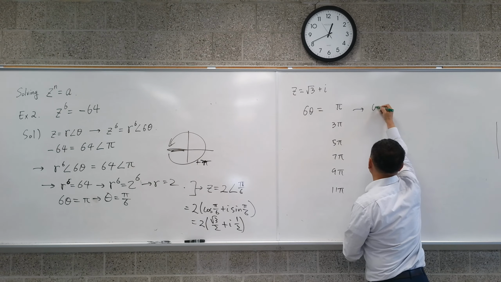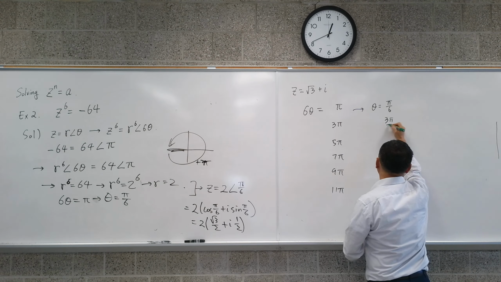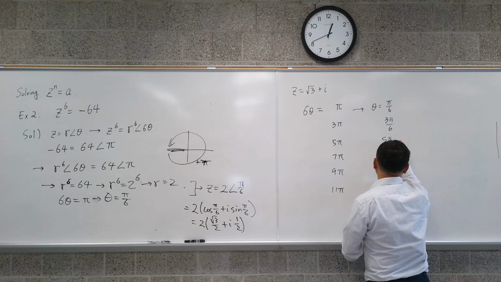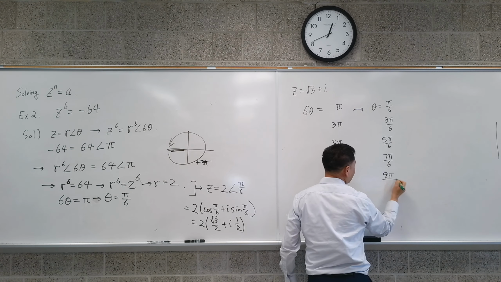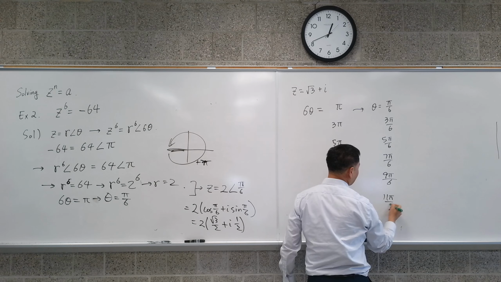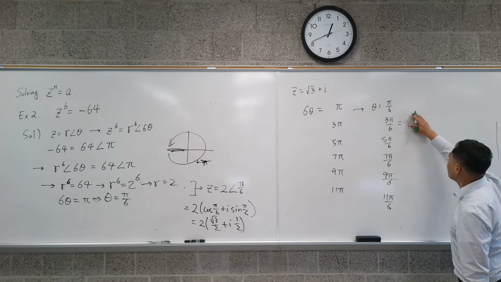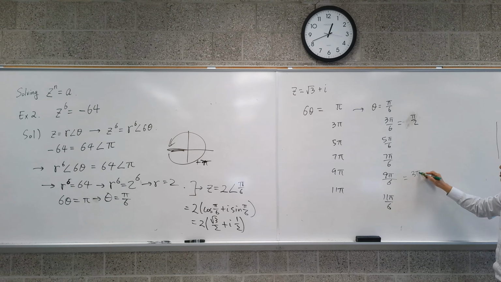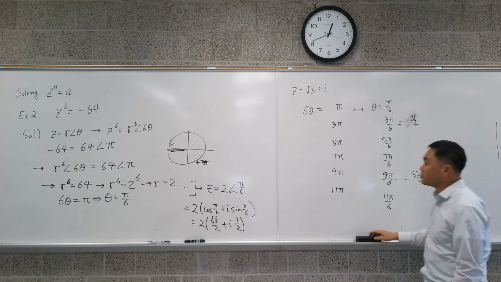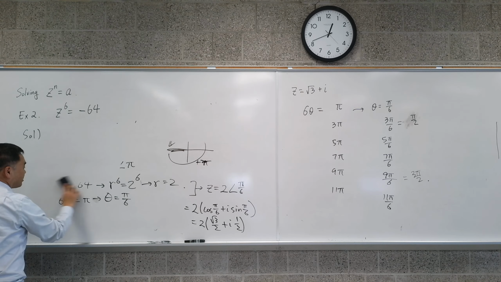And that means theta is equal to pi over 6, 3 pi over 6, 5 pi over 6, 7 pi over 6, 9 pi over 6, 11 pi over 6. Let's simplify: 3 pi over 6 is pi over 2, and 9 pi over 6 can be simplified as 3 pi over 2. Okay. So that gives us all the answers.